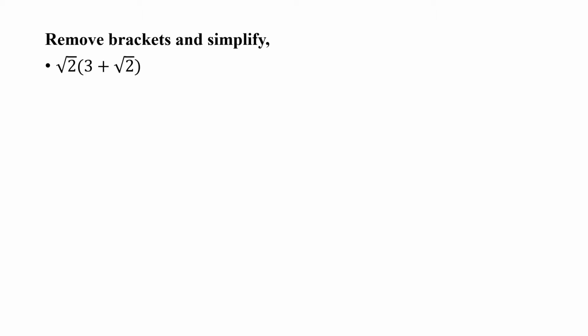Just like in algebra, this 2 is multiplying everything in the brackets, so we are just removing brackets and simplifying. This 2 will multiply this 3. The same 2 will also multiply this root 2. Root 2 will multiply this 3. The same root 2 will also multiply this root 2, like this.